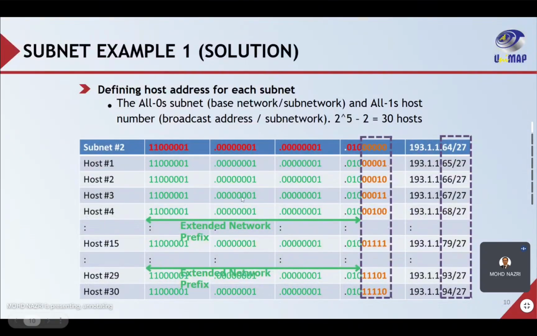Okay. So and then ditukar macam ni. Kalau satu convert dia akan jadi .65 because 010 00001 convert to decimal you got 65. Then 66, 67, 68 bla bla bla sampai 94.